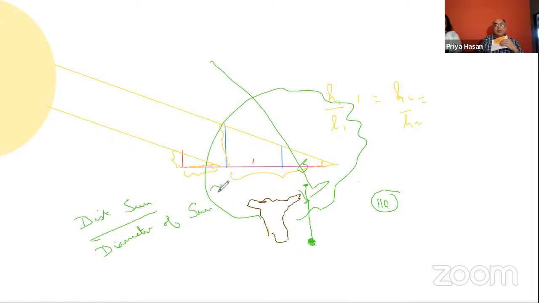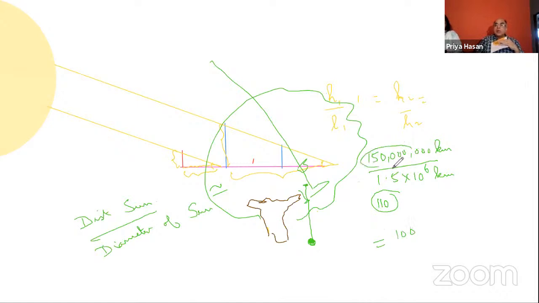If you do a rough calculation, the sun is 150 million kilometers away from us, and the diameter of the sun is roughly 1.5 million kilometers. So this will give you about 100.